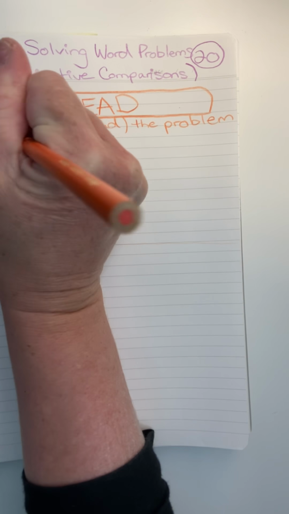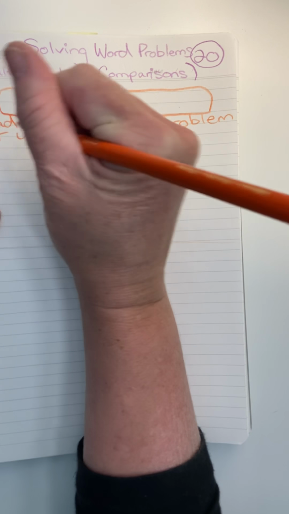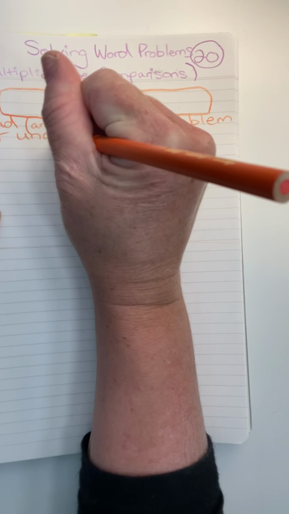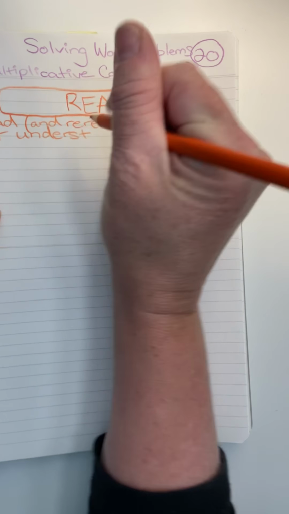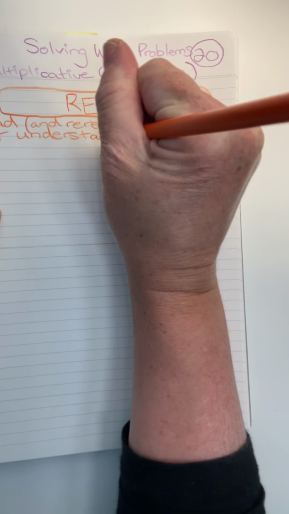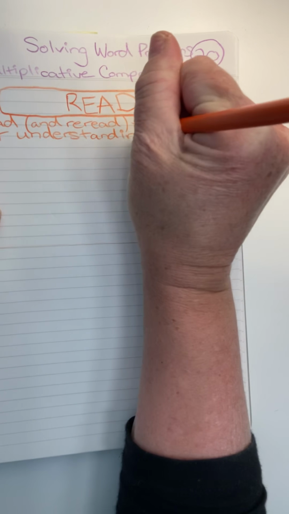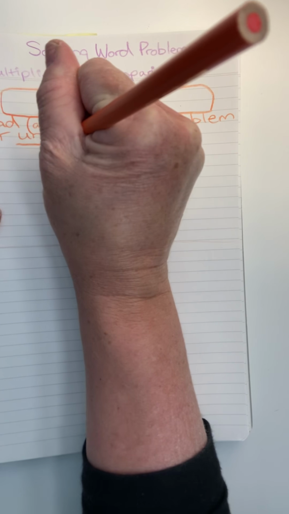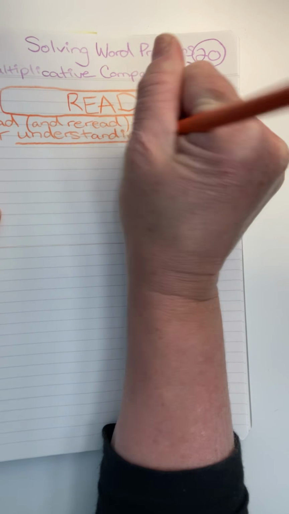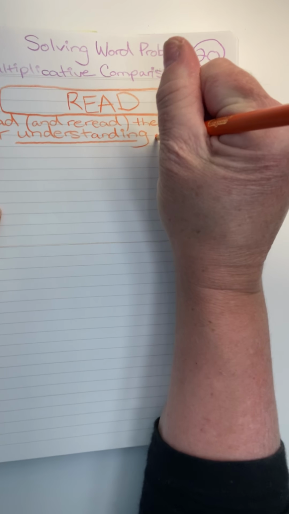For understanding is the key part. You need to understand what is being explained to you and what is being asked of you. So if you need to read it more than once, that's okay.